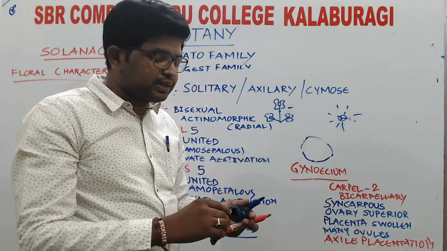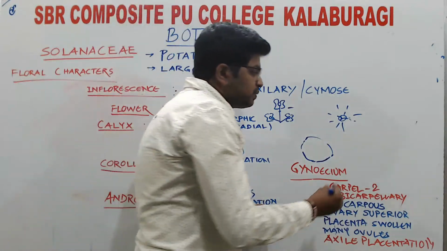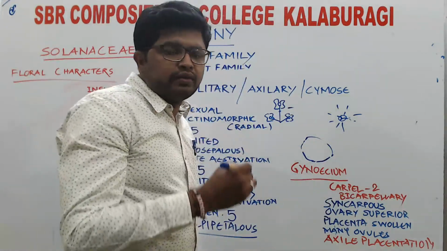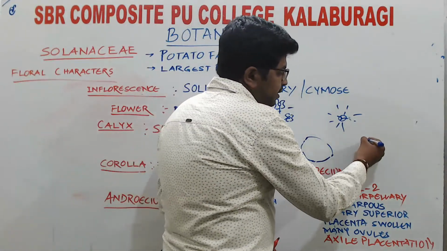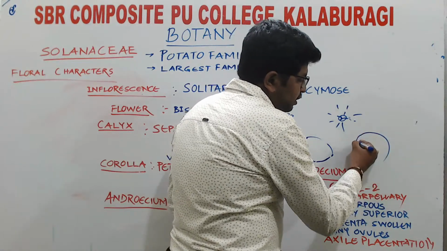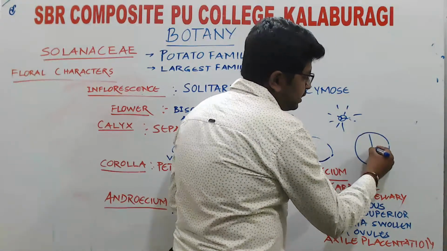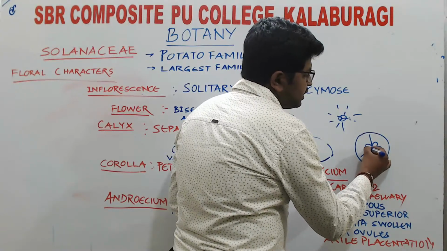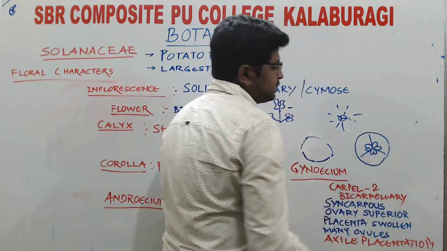Now, what is axial placentation? I have explained it while explaining the placentation concept. The arrangement of the ovules within the ovary, we call placentation. And axial means you will have the ovary which is multilocular like this, and you will see the ovules arranged on the central axis.